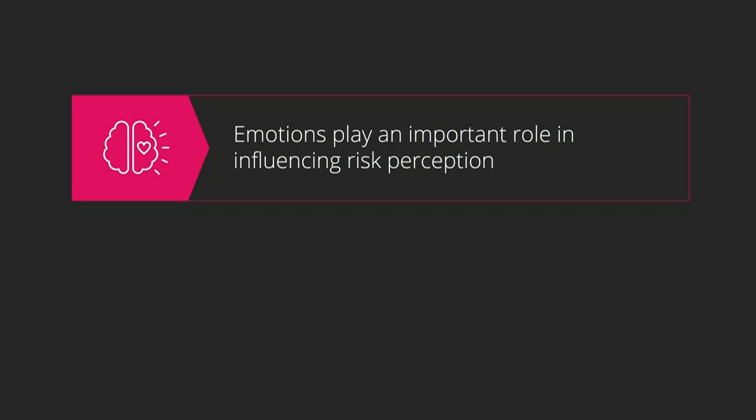Let's explore now other influential factors. In risk perception, there is an important point to consider: what people perceive is not automatically associated with reality, because risk perception has an important emotional component, and therefore it is irrational.